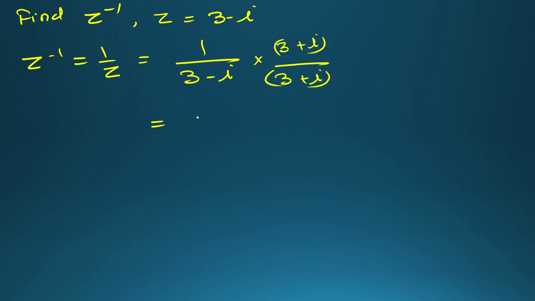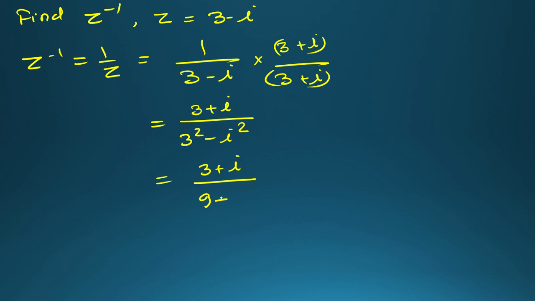So it will be 3 plus i times 1, which is 3 plus i, over A square minus B square, which means 3 square minus i square, so 9. I square is minus 1, so plus 1, which gives 10. So it is 3 over 10 plus i times 1 over 10. This will be the multiplicative inverse. Like this you can solve these easy questions for complex numbers.